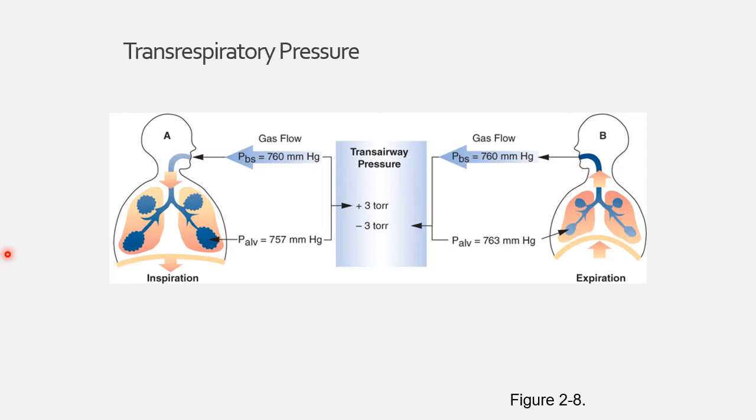For example, if the alveolar pressure is 757 millimeters of mercury and the barometric pressure is 760 during inspiration, then the transrespiratory pressure is 3 millimeters of mercury. 760 minus 757 is equal to 3 millimeters of mercury.